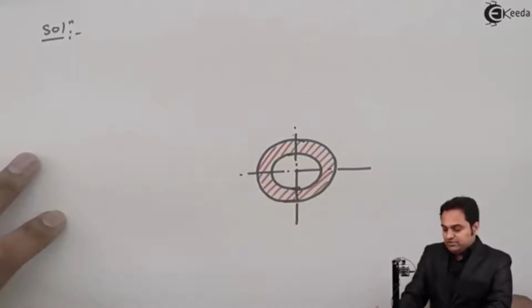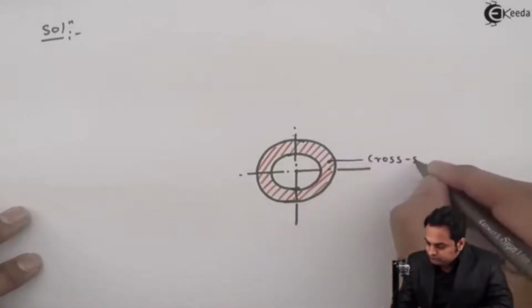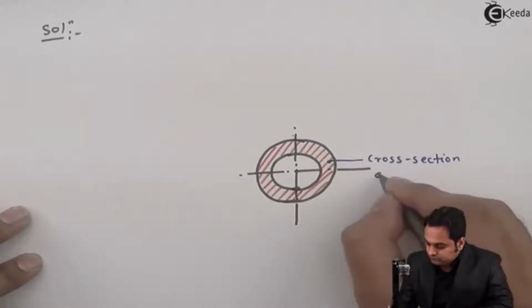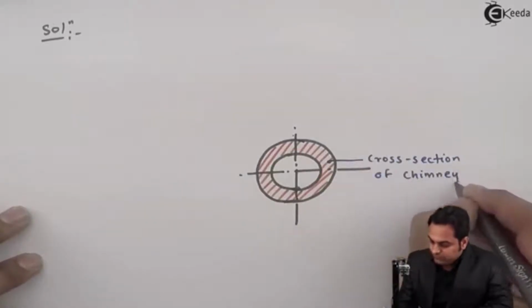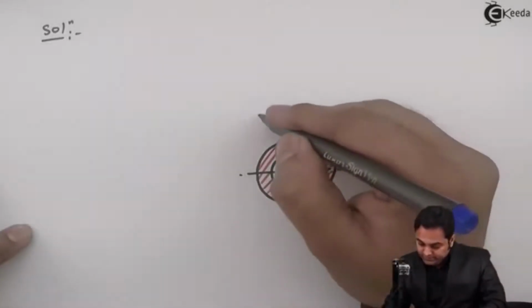This is the hollow cross section of the chimney. Now I'll project this upwards and get the height.